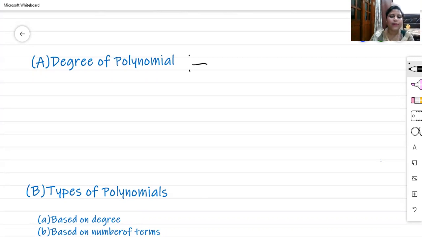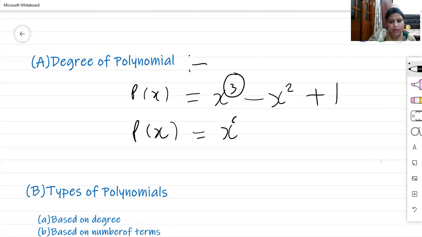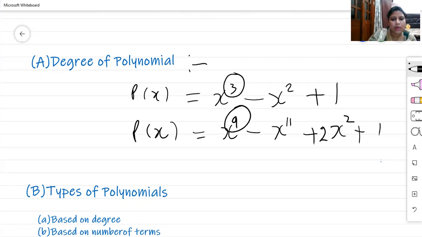It means if p(x) equals x raised to the power 3 minus x^2 plus 1, here the highest power of the variable is 3, so the degree of the polynomial is 3. If p(x) equals x raised to the power 9 minus x raised to the power 11 plus x raised to the power 2, here the degree of the polynomial is 11 because 11 is greater than 9.